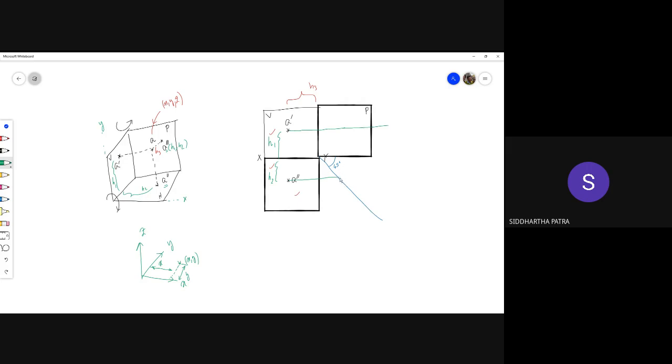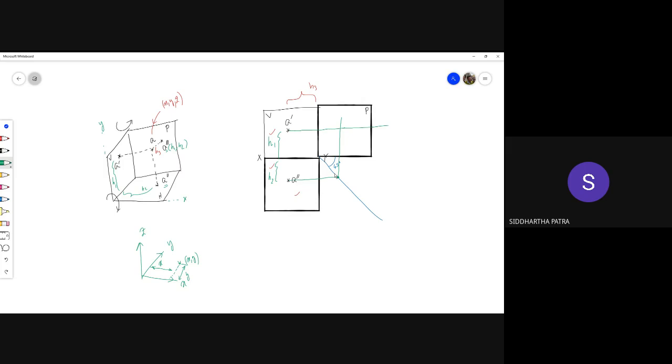And then you can drop a perpendicular from this point to this line. Is there some mistake?